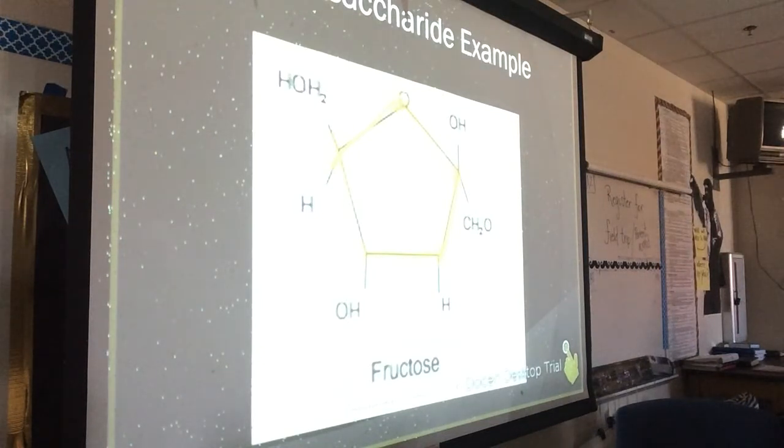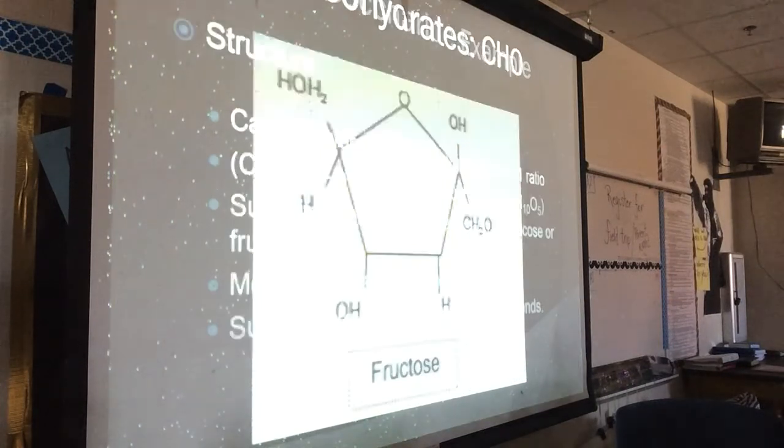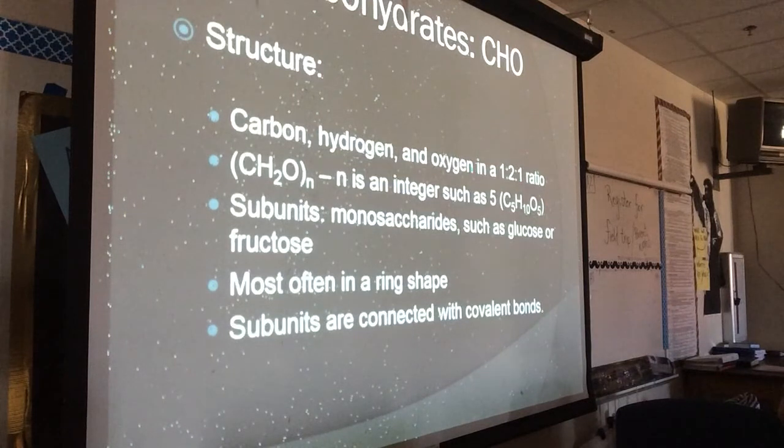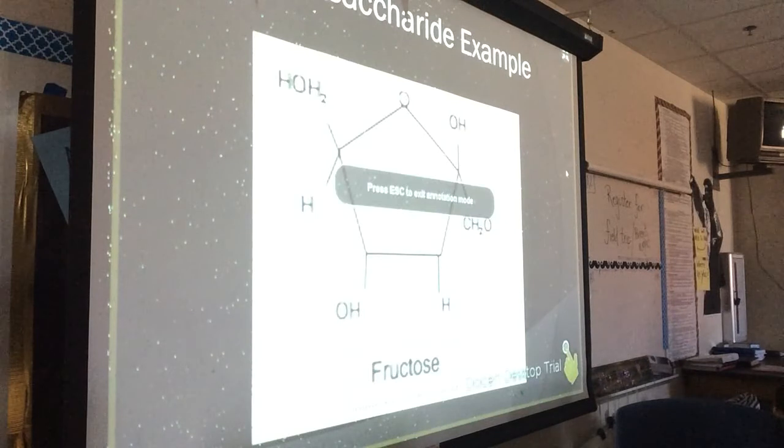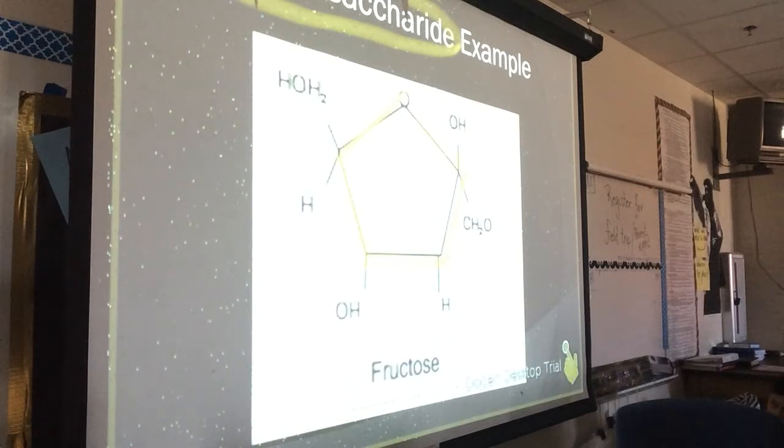I want you to label this a monosaccharide. No, you don't have to write the elements. You just need to draw the shape, and you need to write that it's a monosaccharide.